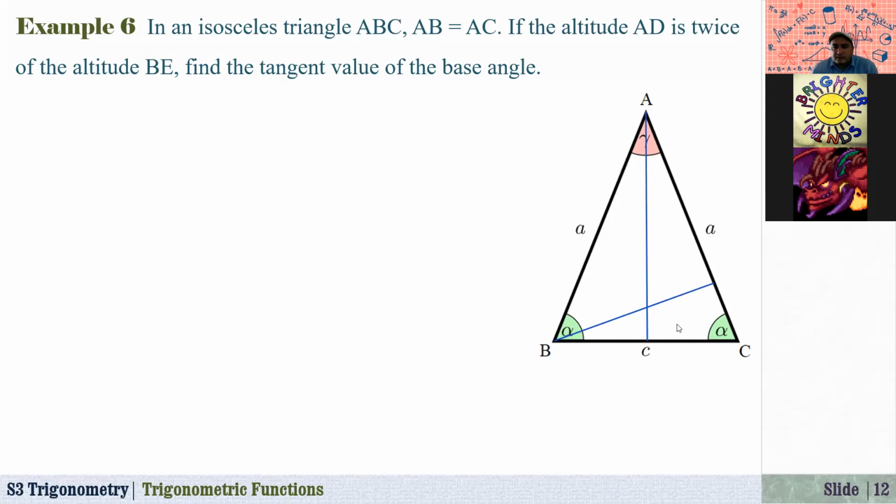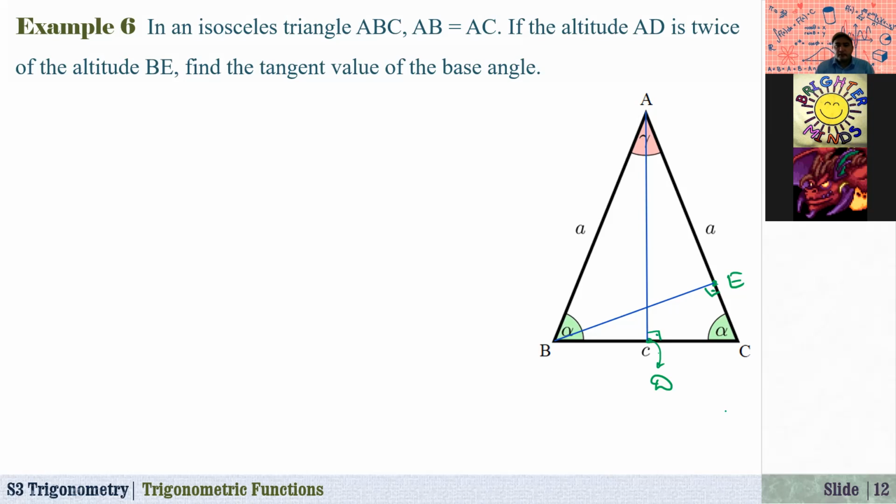So it says that BE. Okay, this one is C. Actually, this point is D. And this point is E. And this is an altitude, and also this one is an altitude.